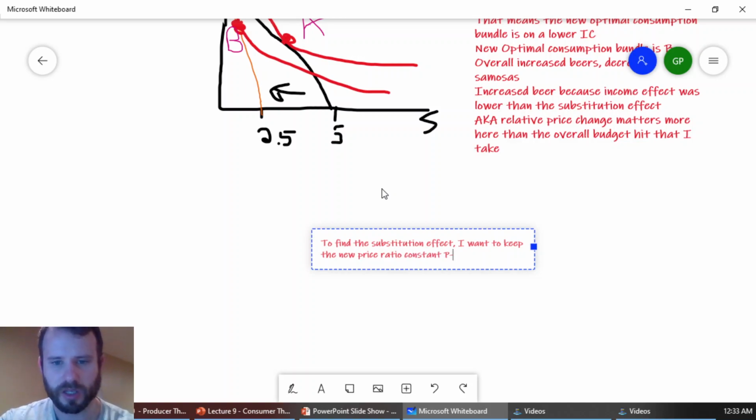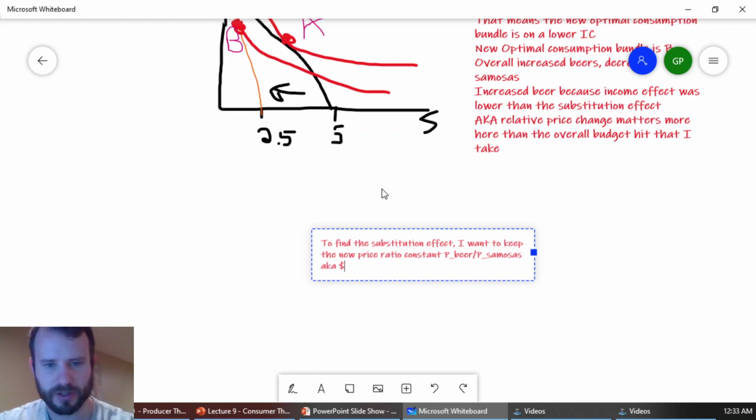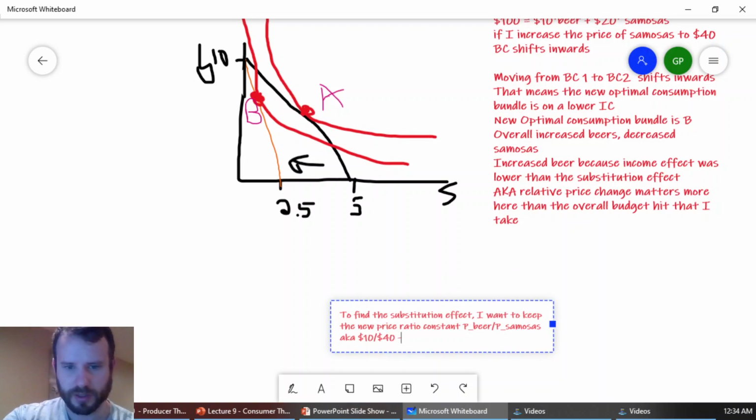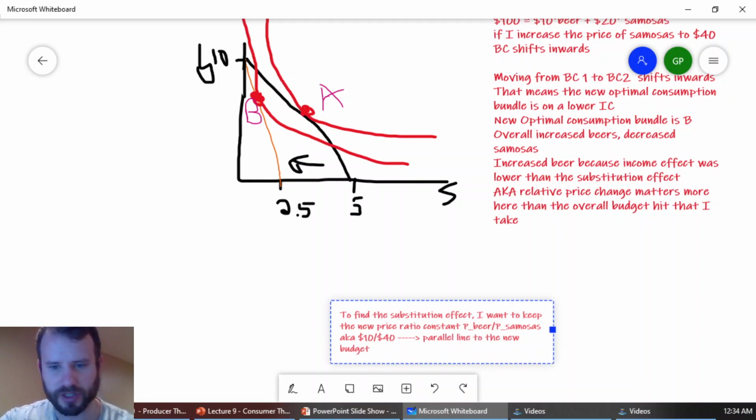So P beer divided by P samosas, aka $10 divided by $40. So I want to keep the same slope. I want a parallel line to the new budget constraint.